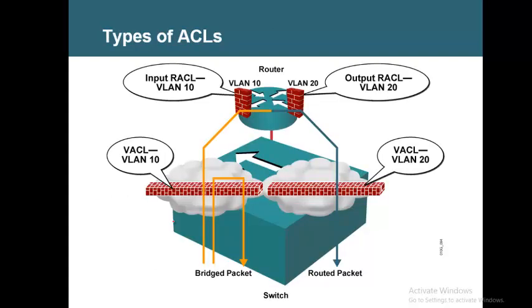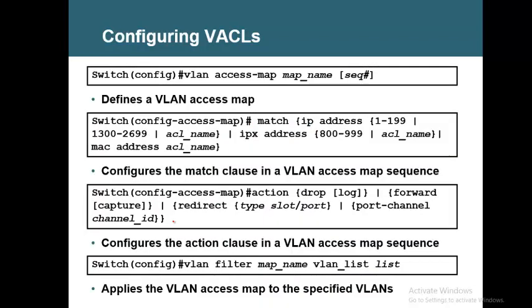VLAN ACL works with both MAC ACL as well as route ACL, RACL. Like we have route ACL, we also have MAC ACL. Now you can call those ACLs under this VLAN ACL. This is the command that we use: vlan access-map, and we give a name.